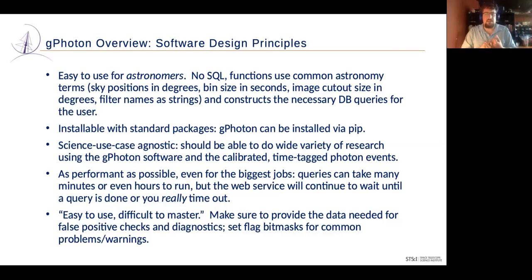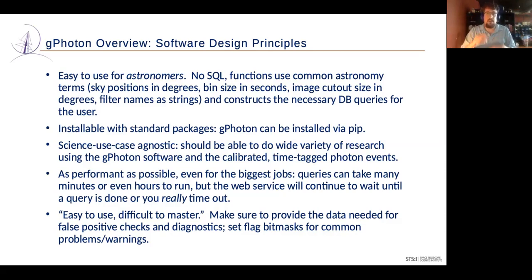We also wanted it to be use case agnostic. I think this is a really important thing for an archive, and Anne has talked about this too, which is that I didn't want to design a tool that only did, for example, flare science. I wanted it to enable a wide range of science, things that I could not even imagine doing.